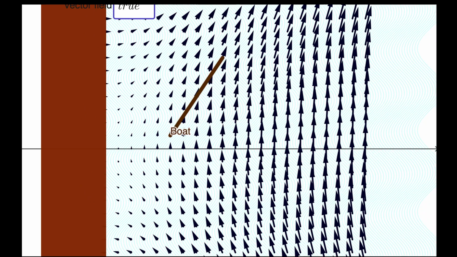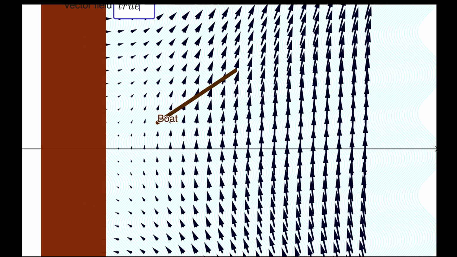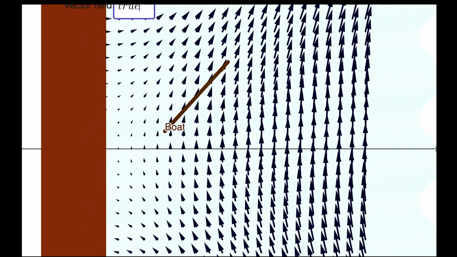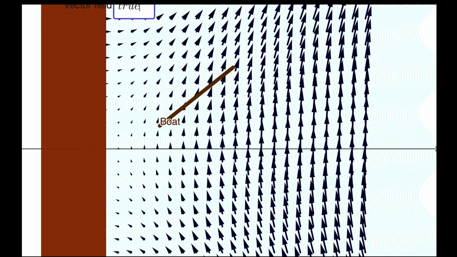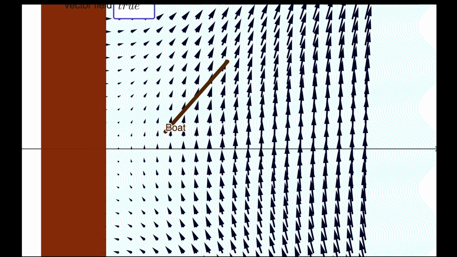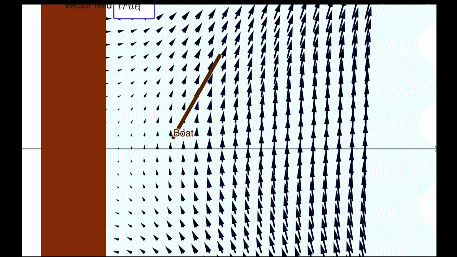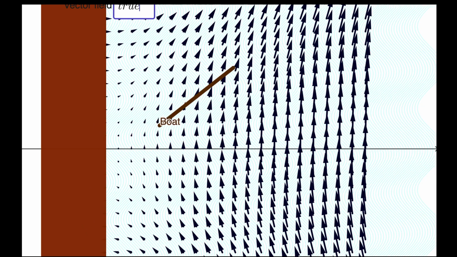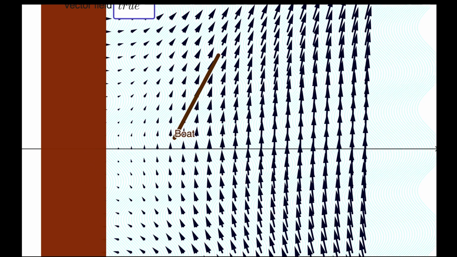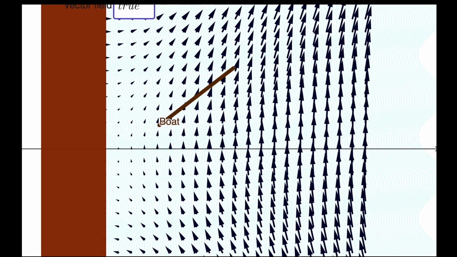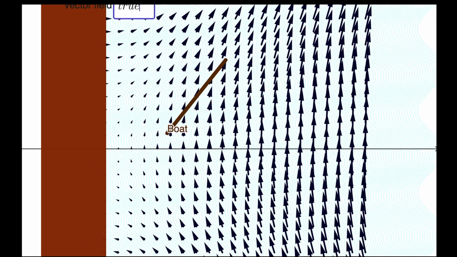Now, to understand the magnitude of the curl that we defined, how that affects the boat, let's break down this vector field of the stream into two components: its vertical components and its horizontal components.